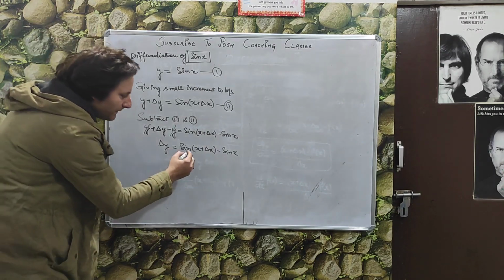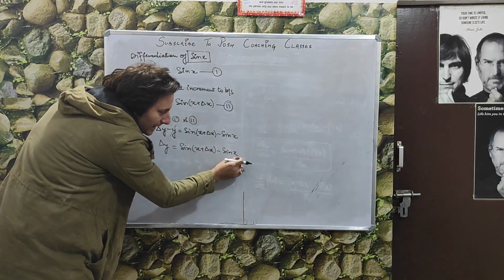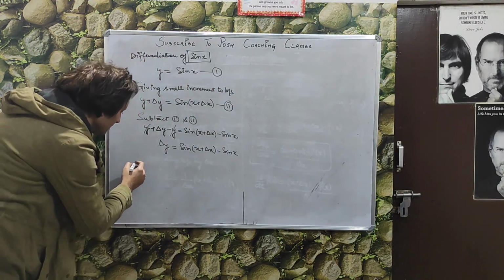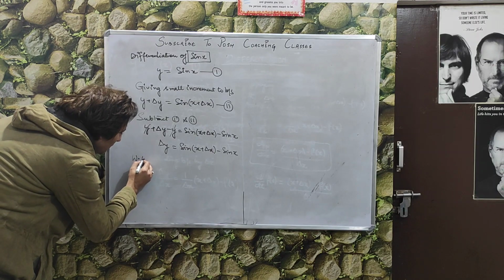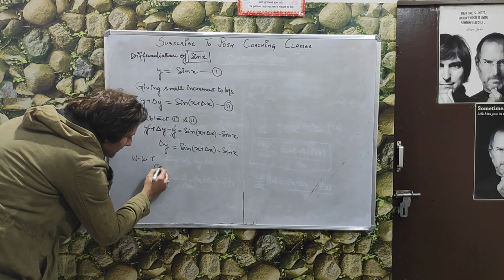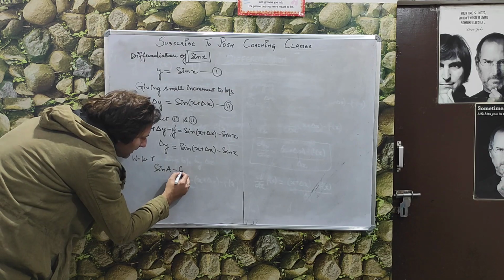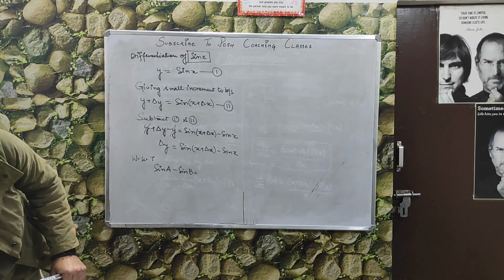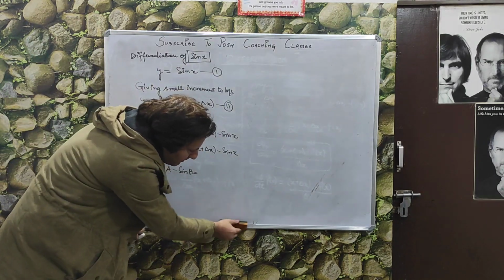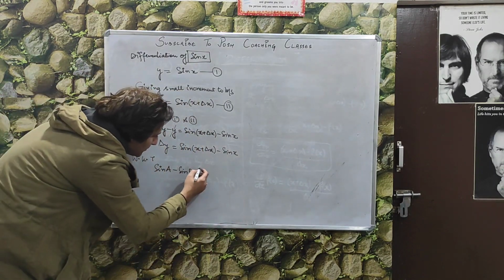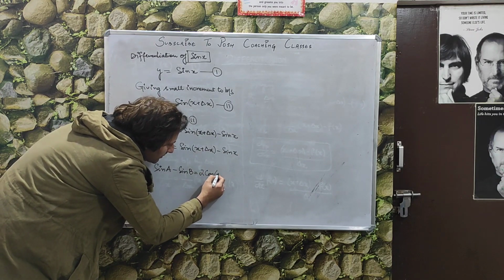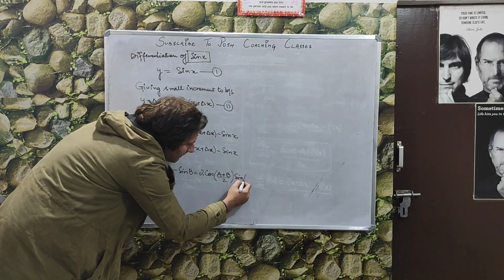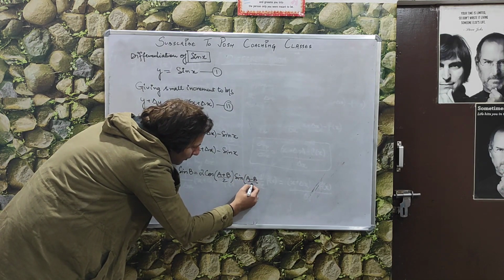For example, if I consider this as A and this x as B, it becomes sine A minus sine B. So I will write, we know that sine A minus sine B is equal to twice cos (A plus B) upon 2 sine (A minus B) upon 2.